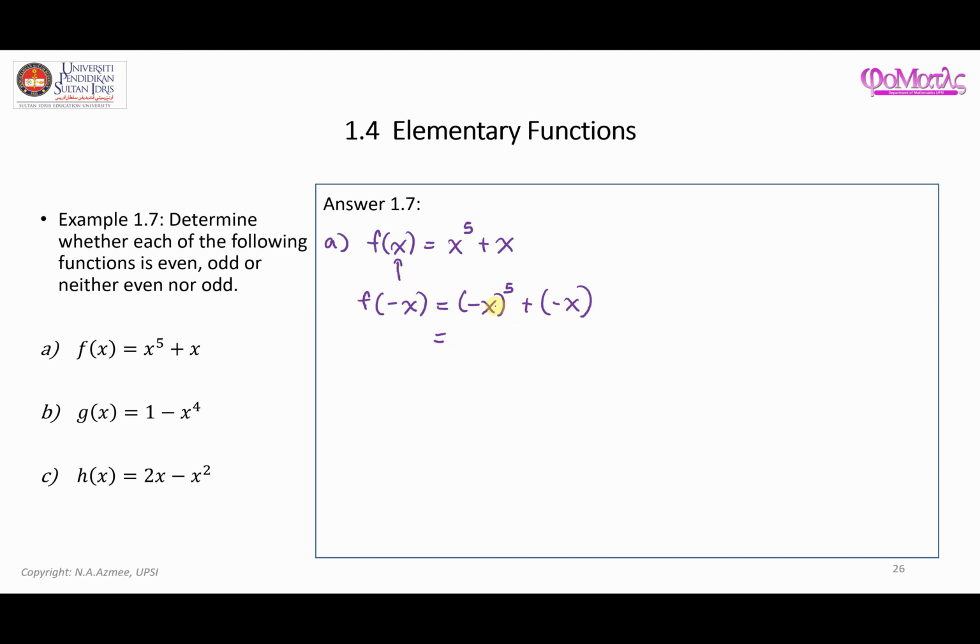Since the power here is an odd number, the result is going to be negative x to the power of 5 minus x, and this can be written as negative of x to the power of 5 plus x, and we know that x to the power of 5 plus x is f(x), so negative f(x).